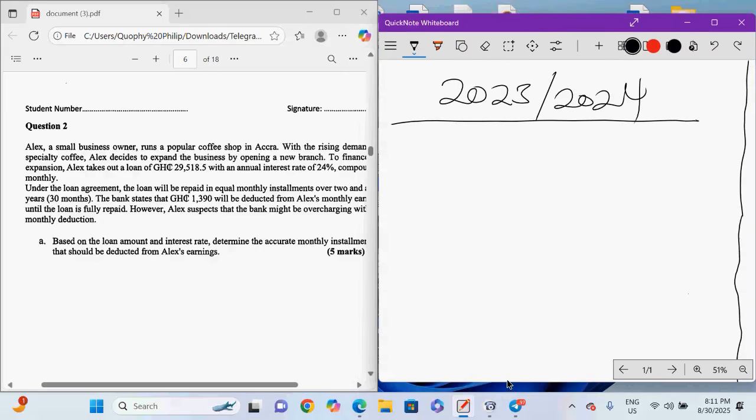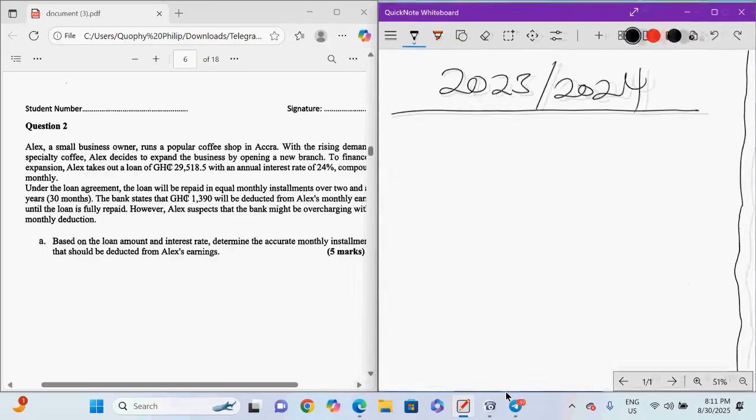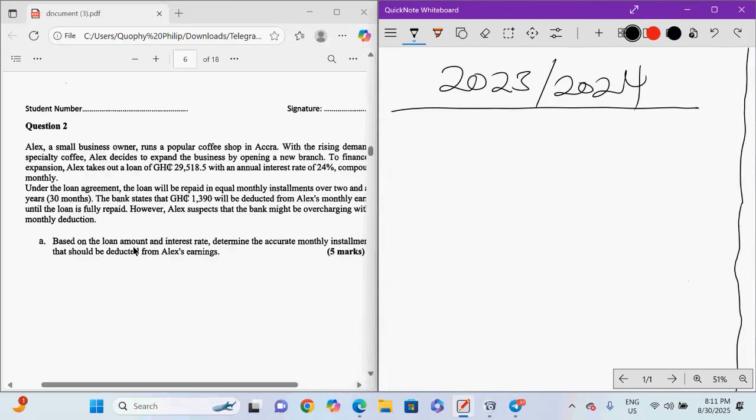Alex, a small business owner, runs a popular coffee shop in Accra. With the rising demand for specialty coffee, Alex decides to expand the business by opening a new branch.